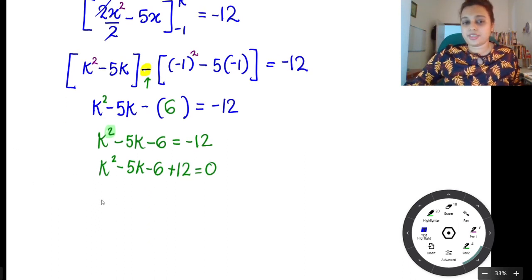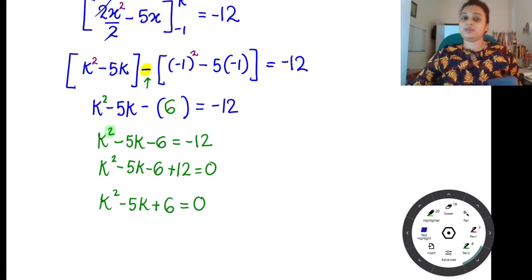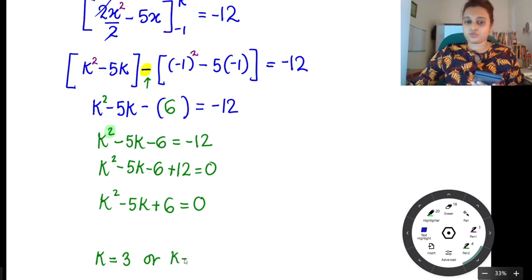Now your equation is a quadratic equation. Use your calculator, solve the quadratic equation, and you will get the values. If you're not sure, please go to YouTube and learn how to solve the quadratic by calculator. There are a lot of videos for this. So k equals to 3, k equals to 2.